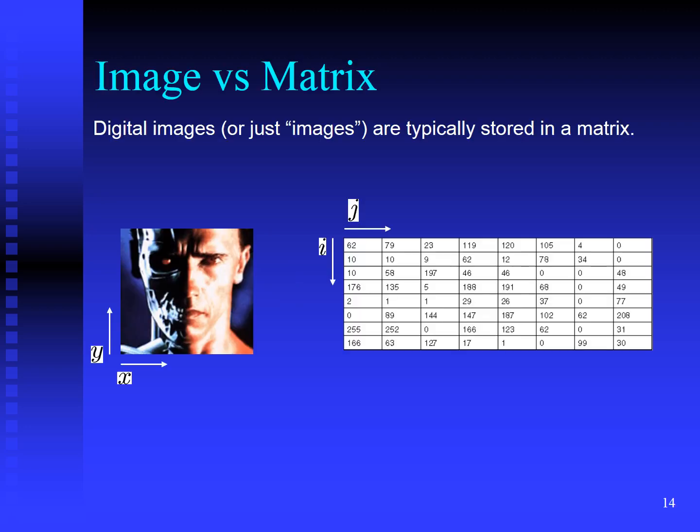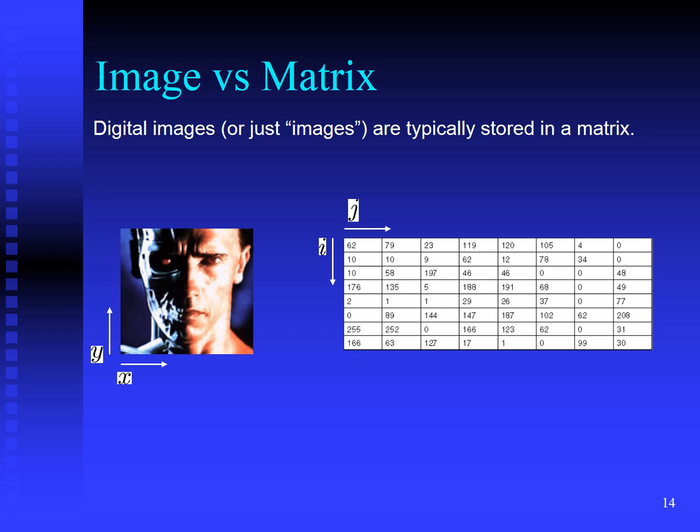Image representation. First we understand how we represent an image mathematically or digitally. First, we can represent an image like a matrix. It's an array of numbers, a two-dimensional array, in x and y direction.